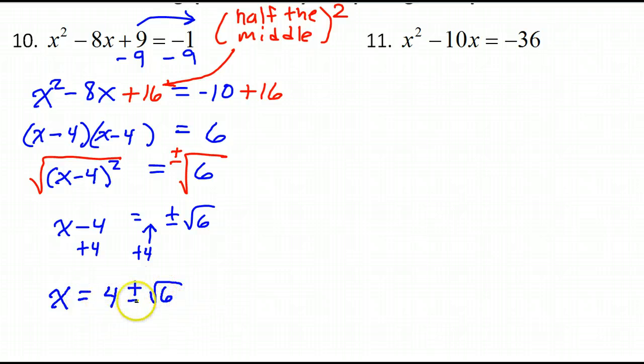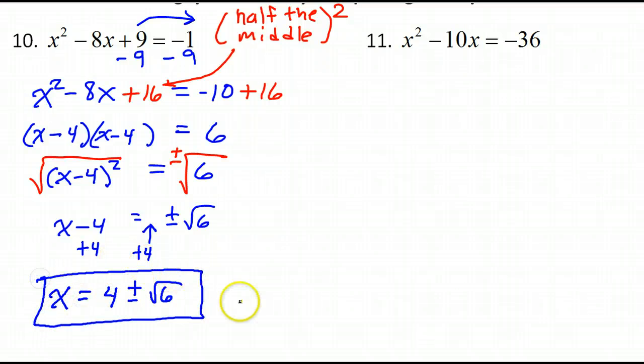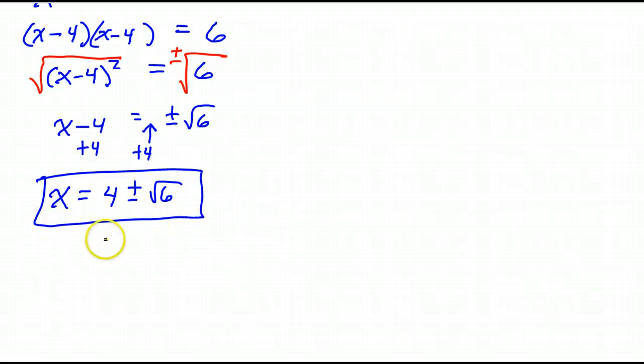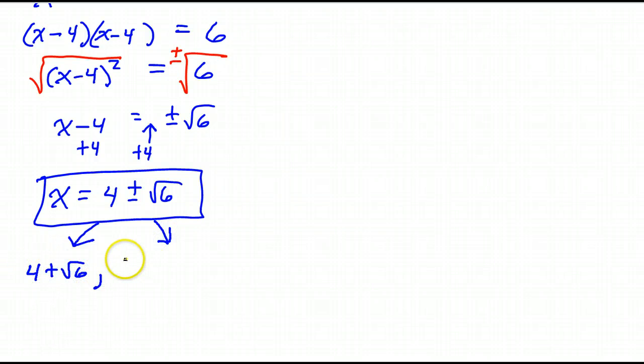Okay, and because it's a radical, we really can stop there. Even though in the back of our minds it is healthy to realize that this really means two solutions, for plus radical 6 and for minus radical 6. That's what it really means, but because you can't add these anyway, you may leave it like this.